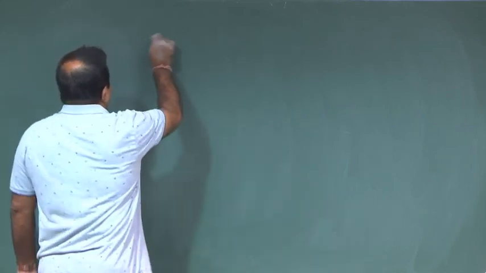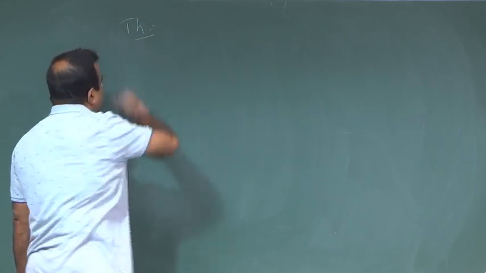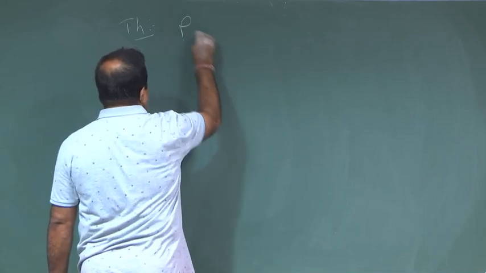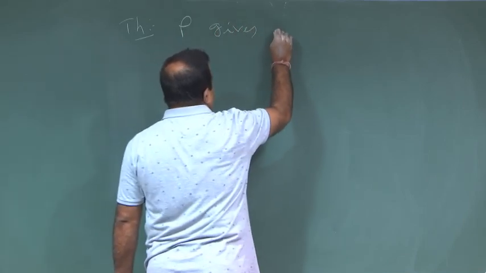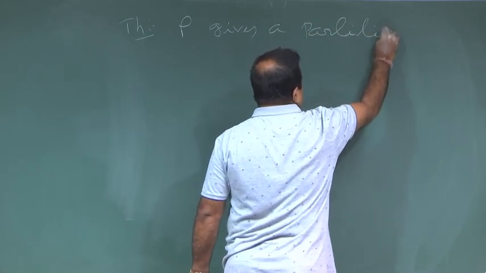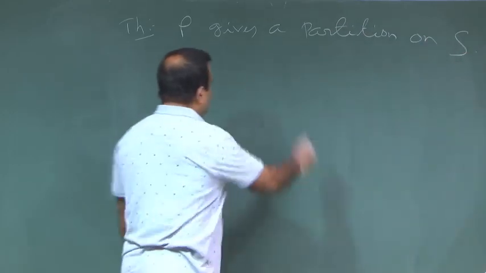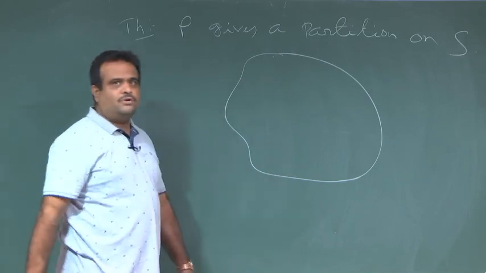So, we will have a proper statement of this theorem, but roughly this rho, which is an equivalence relation, gives a partition on S. So this is our S. How will it give us a partition?